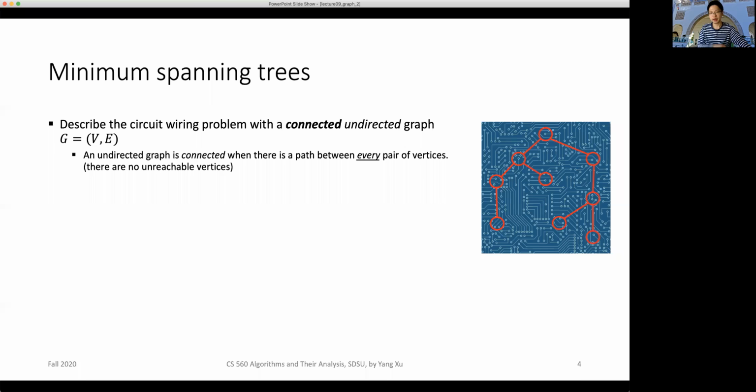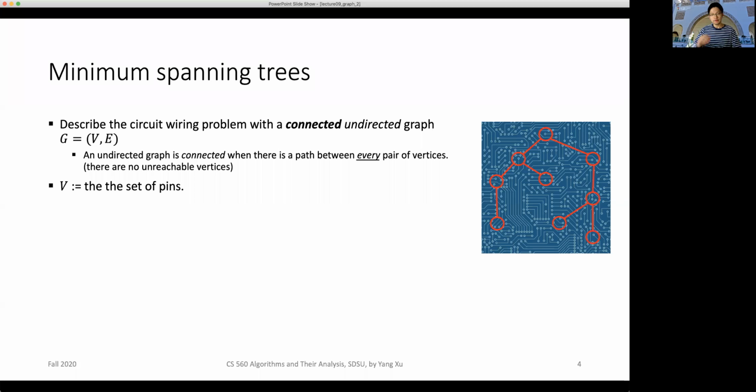By the term connected, we mean that there is always a path between every pair of vertices. So in another language, there are no unreachable vertices. There are no isolated vertices. Okay, so we can always reach any vertex given any source vertex.